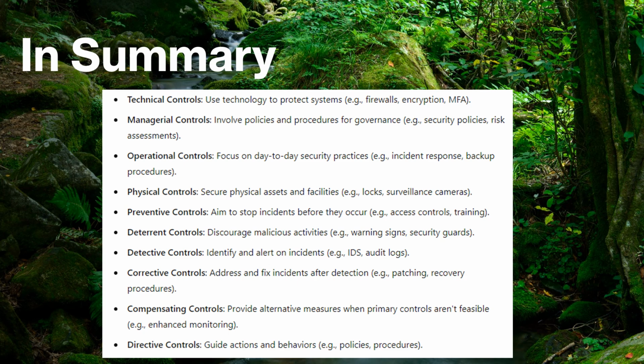Compensating controls provide alternative measures when the primary controls are infeasible. And finally, we also discussed directive controls, which guide actions and behaviors, such as policies and procedures. Again, these security controls are fundamental for cybersecurity in general, but also really important for the Security Plus certification exam.